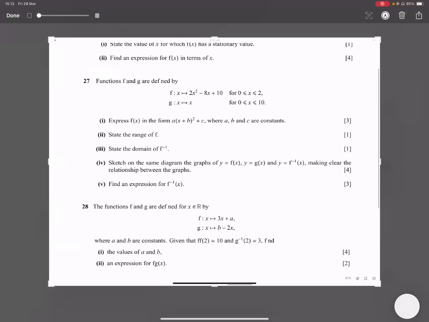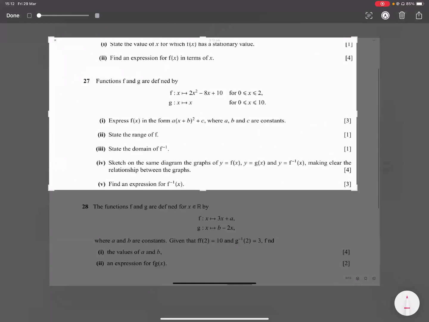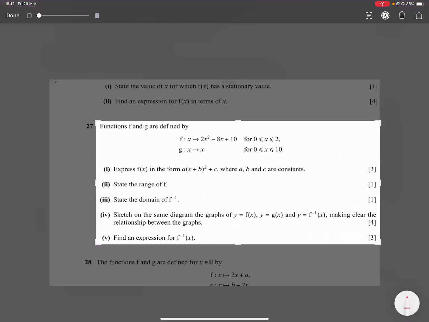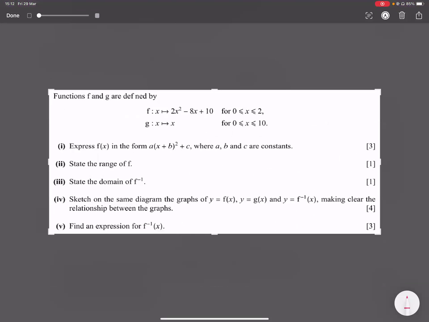Now, this tests a number of concepts that we've done until now. It's a 12-mark question, 5 parts. Let's have a look at this.